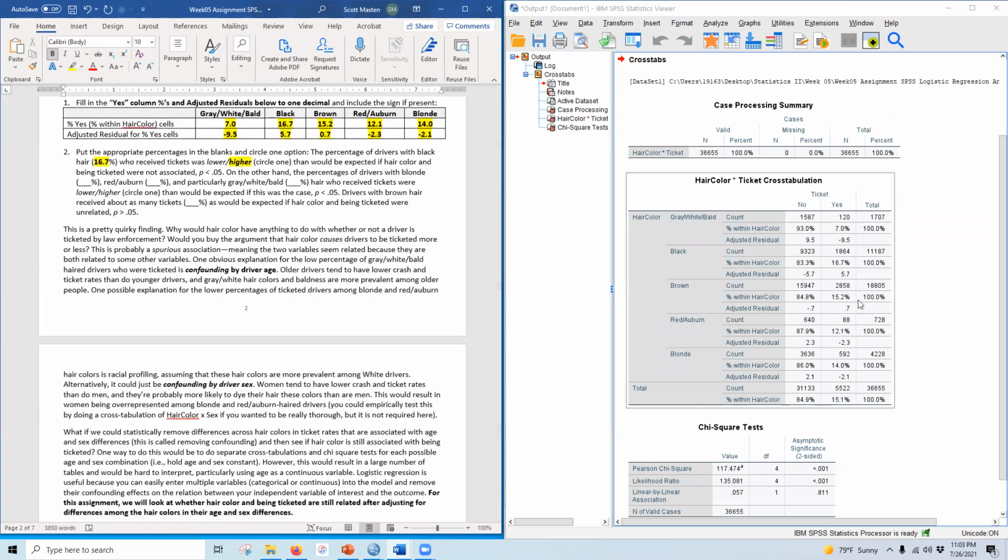So they're more likely to get a ticket, right? There's 16% versus 7. These guys are about the same, 12 and 14. So they're more likely to get a ticket than one would expect if hair color and being ticketed were not associated, p less than .05. On the other hand, the percentage of drivers with blonde hair, so let's put that in here, it's 14.0. Red auburn, 12.1% of them got tickets, and particularly gray white bald, which is 7.